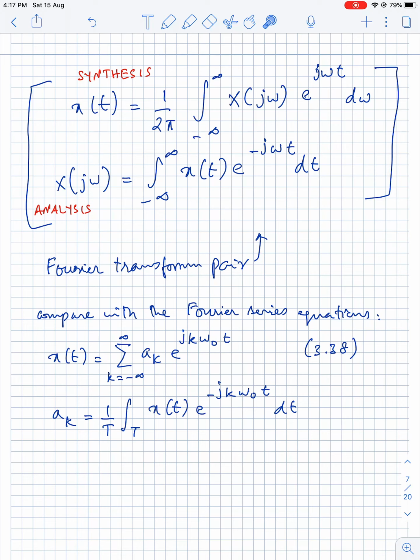Similarly in the analysis equation, we are taking the inner product between x of t and e raised to j k omega naught t, where k omega naught is the harmonic component. But here we do not have discrete k's, we have a continuum of omega. So again we take the inner product between x of t and e raised to j omega t over all t. This gives me the expression for x of j omega, which is the coefficient we have here. So you can see there is a parallel between them, they are very similar.